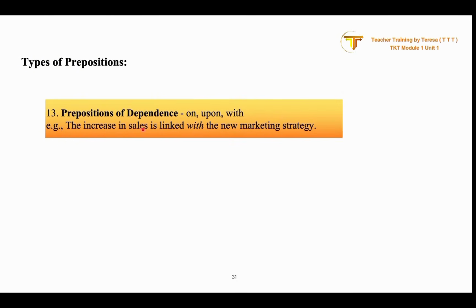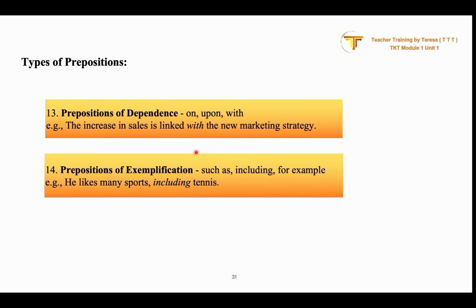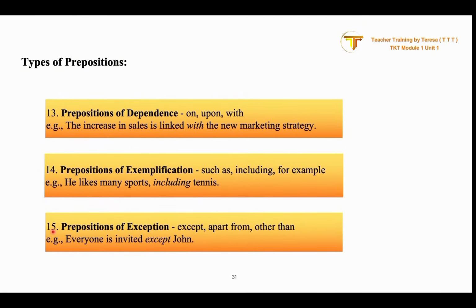The increase in sales is linked with the new marketing strategy. 14. Prepositions of exemplification: such as, including, for example. He likes many sports, including tennis. 15. Prepositions of exception: except, apart from, other than. Everyone is invited except John.